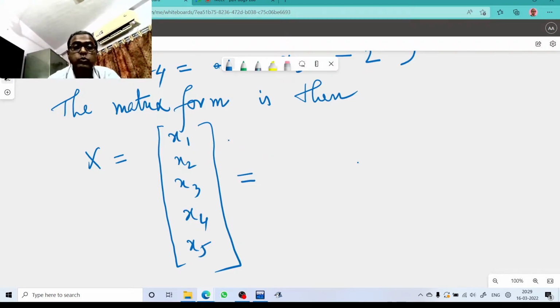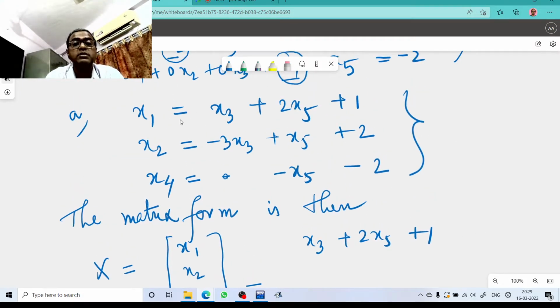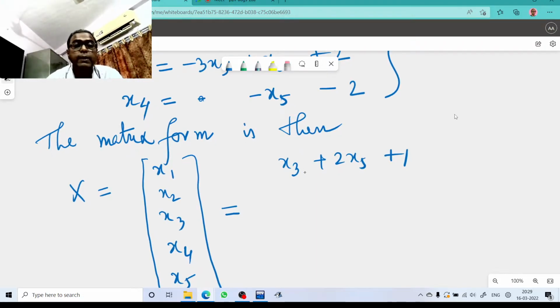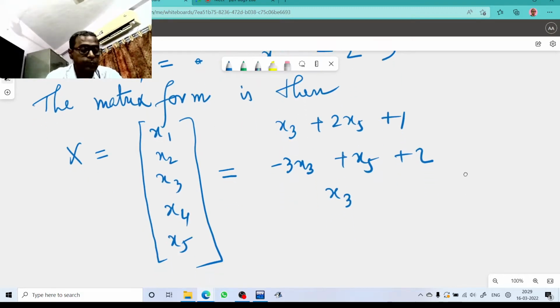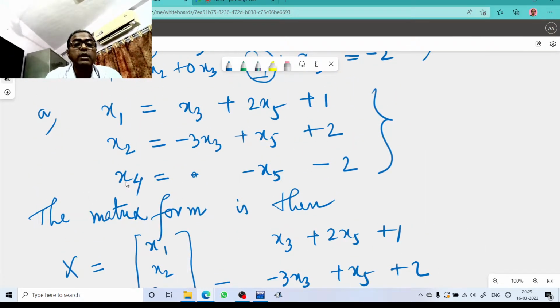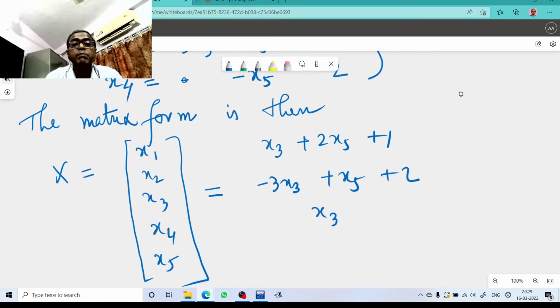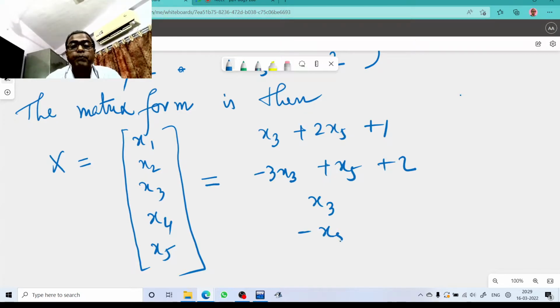Now x1 can be written as x3 plus 2x5 plus 1 due to the first equation of the last system, and x2 can be written as minus 3x3 plus x5 plus 2. x3 is an independent variable, so it stays x3. x4 is from the third equation, a dependent variable, so it is replaced by minus x5 minus 2, and x5 is independent, so we write it unchanged.